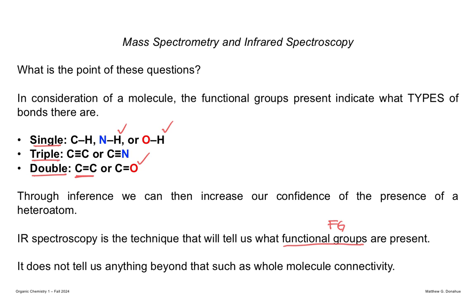So it'll give you a broad idea of what some of the elements are in the molecular formula, but it's not really telling you how they're connected. And for that, you'll have your second exam starting Wednesday, which is on mass spec and IR.